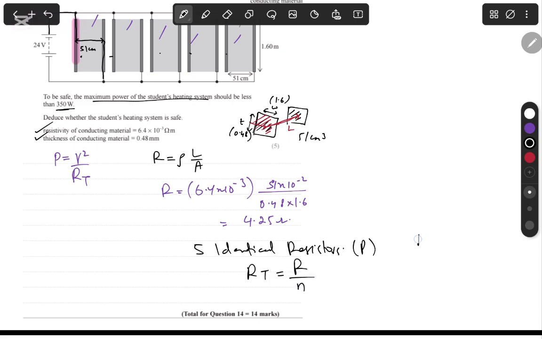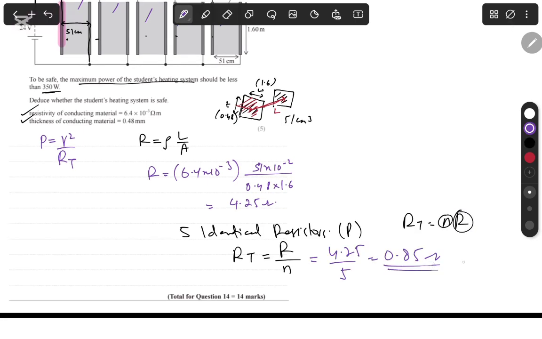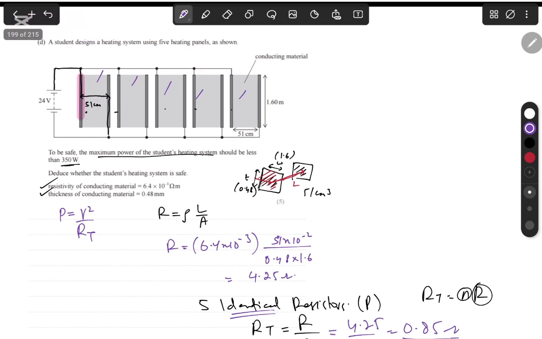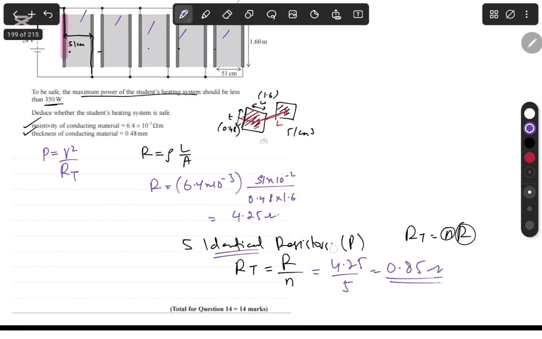And if it's series, then the total resistance will be N times R, where N is the number of identical resistors, and R is the resistance of one of them. So here is the resistance of all of them together. Now this is only if you have identical resistors. If all of them had different resistances, you have to do it the usual way we do it.